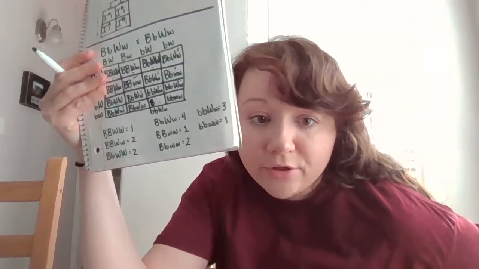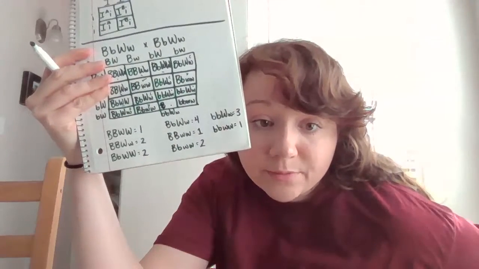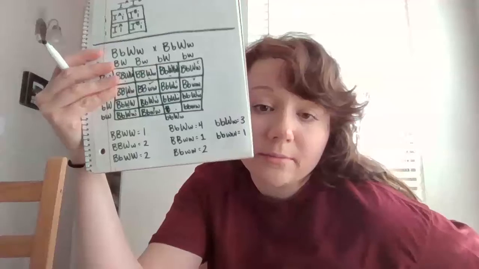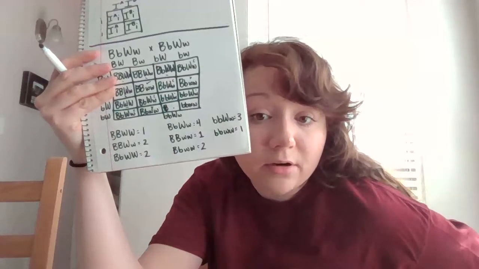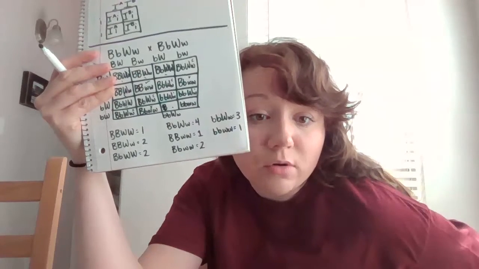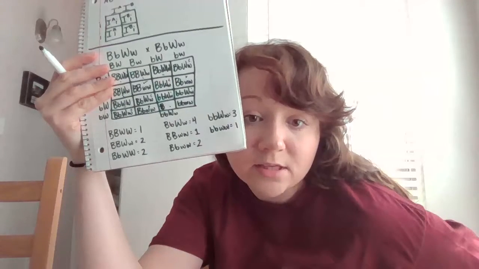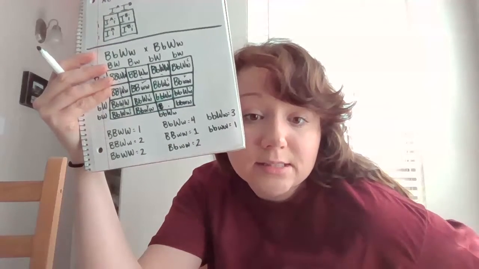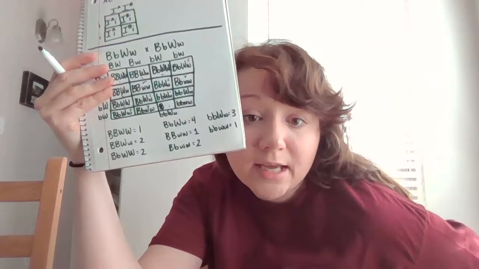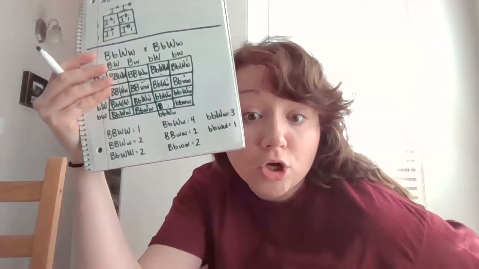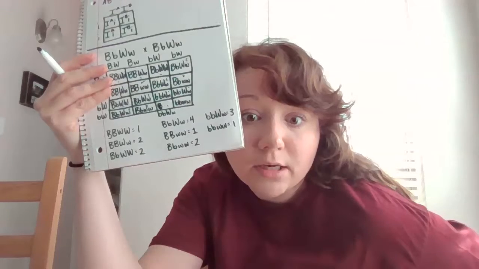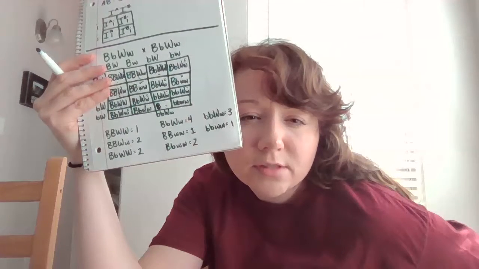Those had 4 for the offspring. To make sure that you have the right number, you want to add them all together. So 1 plus 2, 3, 3 plus 2 is 5, 5 plus 1 is 6, 6 plus 4 is 10, 10 plus 2 is 12, 12 plus 3 is 15.